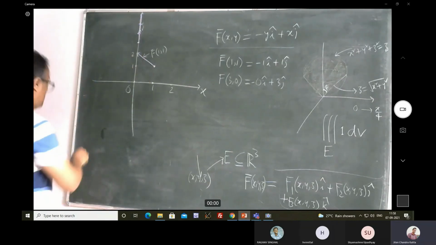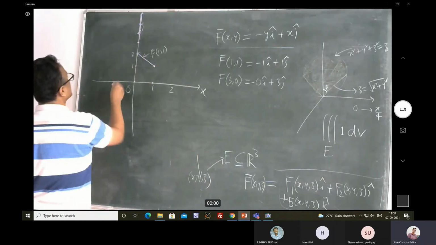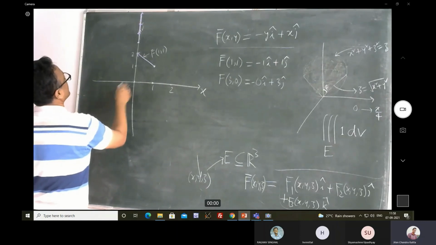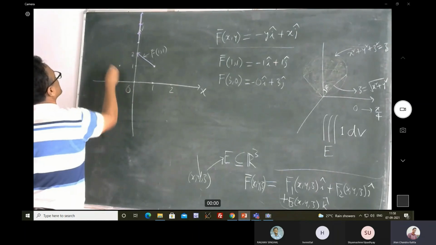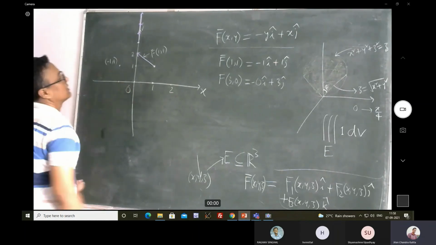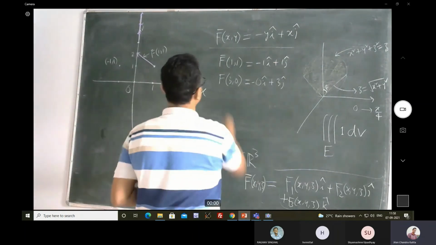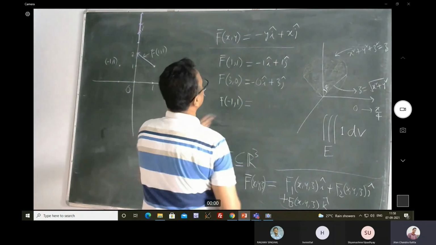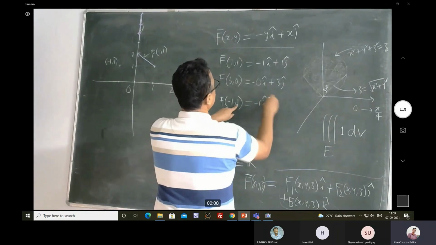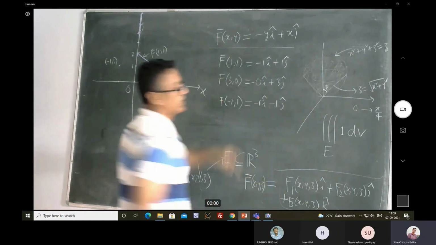Is it okay? So similarly, suppose I want to have another vector here. Say this point is (minus 1, 1). If you want f(minus 1, 1), it is going to be minus 1i minus 1j.